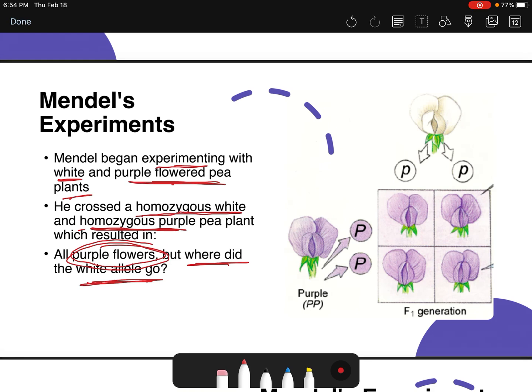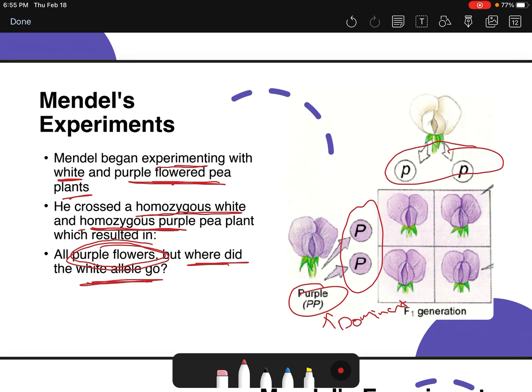One thing that I want to point out is that we can already tell that the purple is going to be dominant, and we can tell that simply because when we crossed a homozygous purple with a homozygous white, the only thing we saw was the purple.